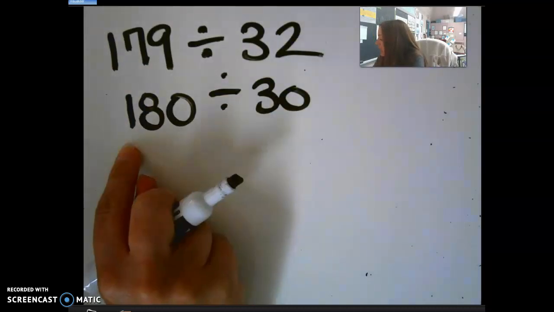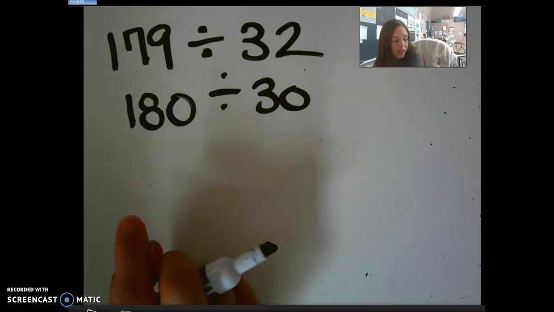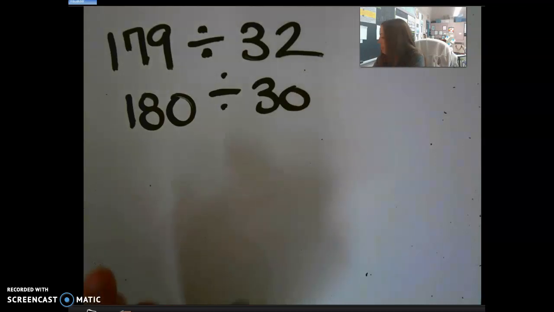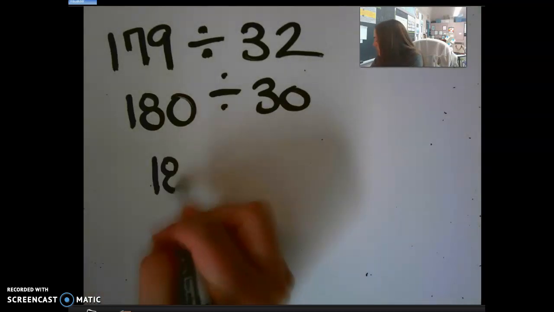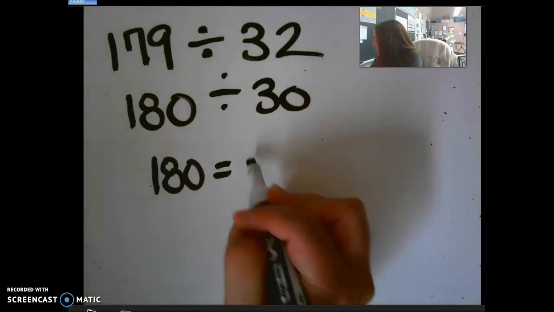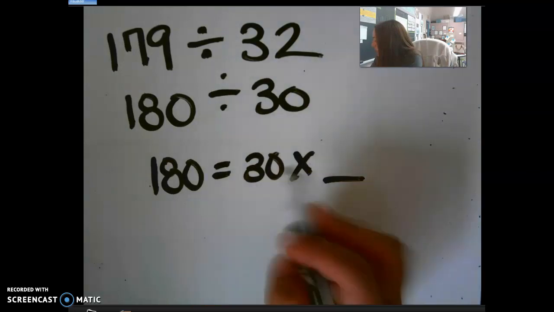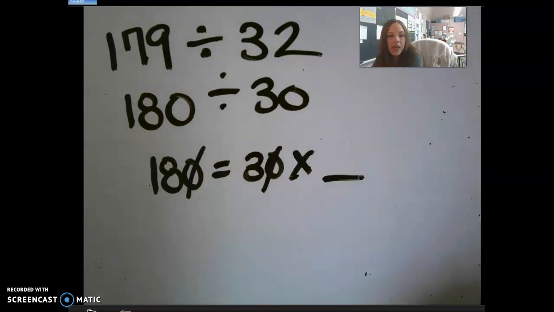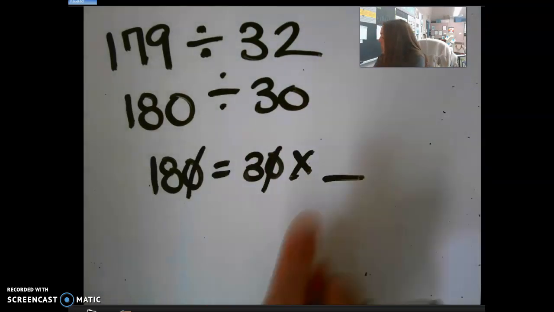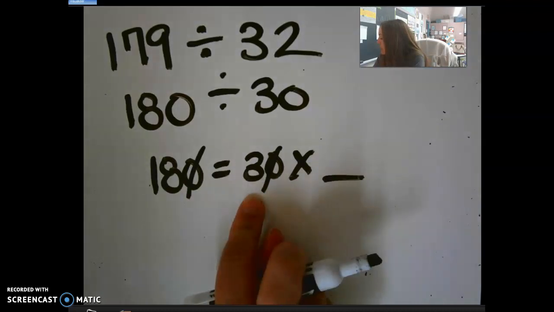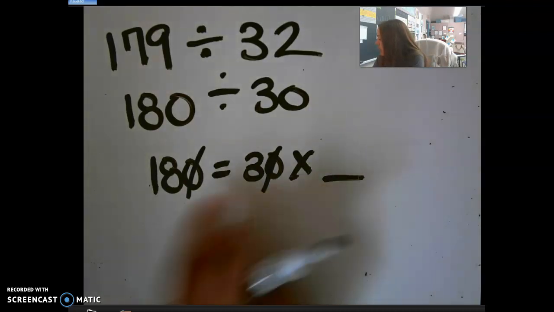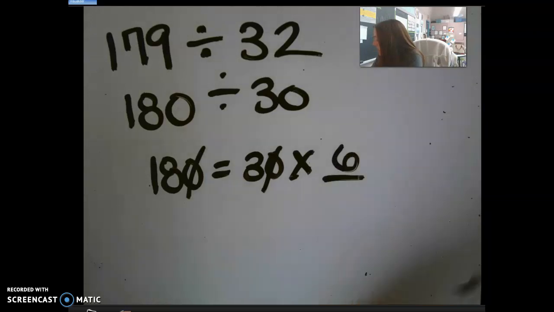Now let's first rewrite it as a multiplication problem. 180 is equal to 30 times what? Let's cross out our zeros because they are already equal. Well, 18 is a multiple of 3. What times 3 is 18? 6.